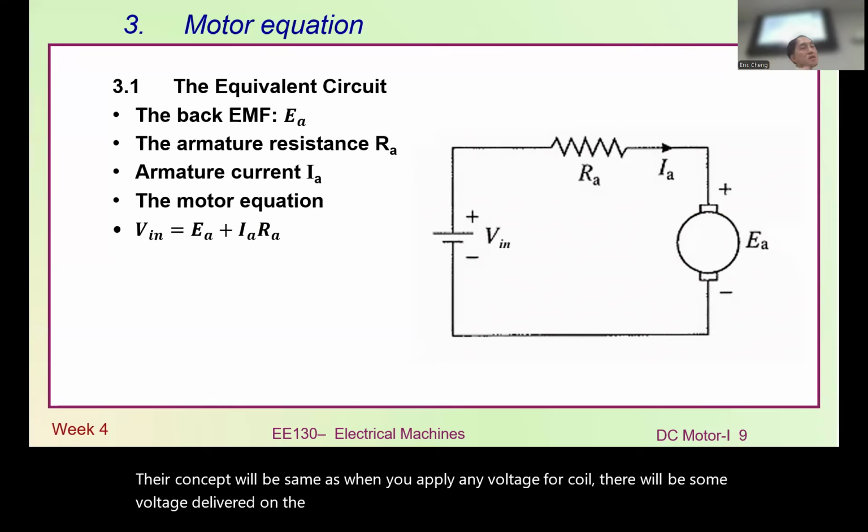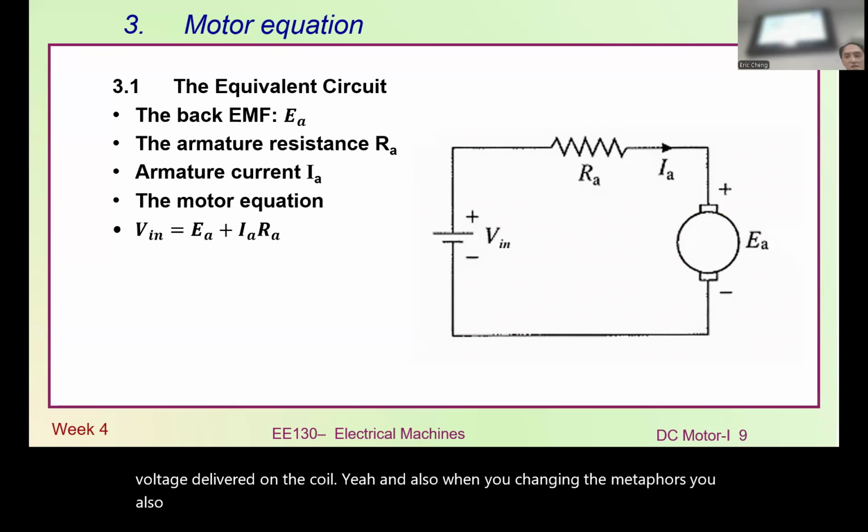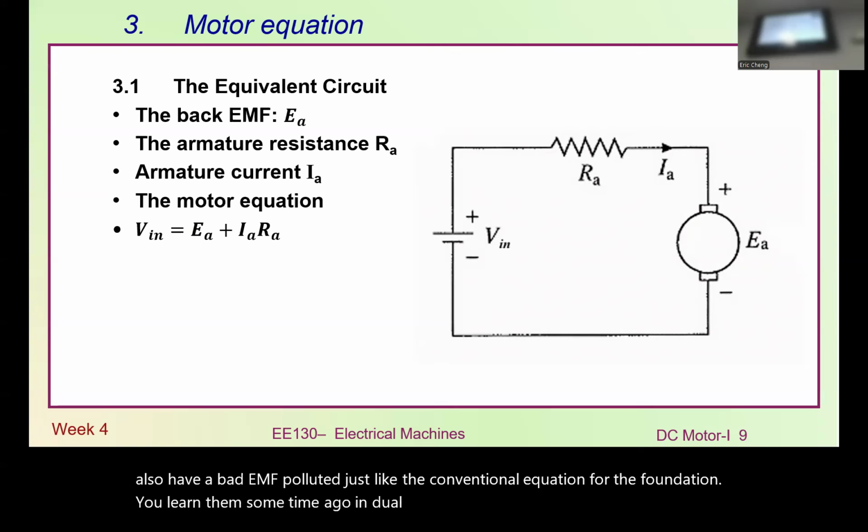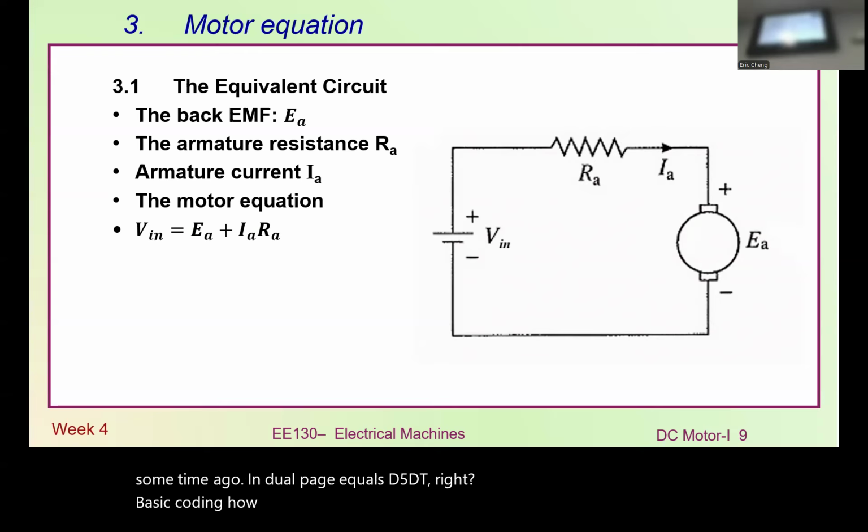Also, when you change the magnetic flux, you have a back EMF produced, just like the conventional equation for Faraday's law. I think you learned it some time ago: induced voltage equals N dΦ/dt, right? That's basically how the induced EMF is created from this armature coil.